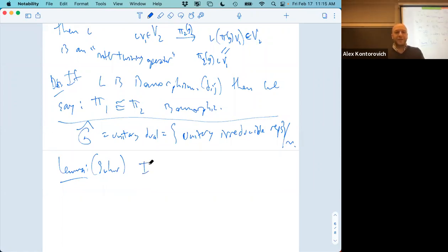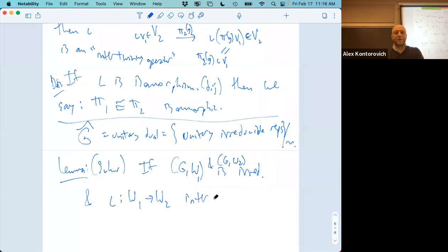But if W1 is irreducible, and W2 is irreducible, bless you, and I have an intertwiner, an intertwining operator iota, which intertwines pi 1 and pi 2, and iota is not the zero map, then it's not just a homomorphism.